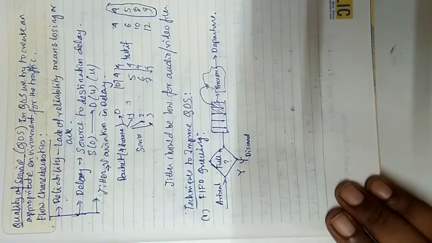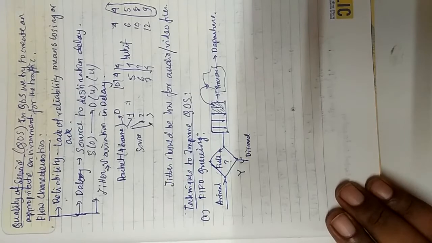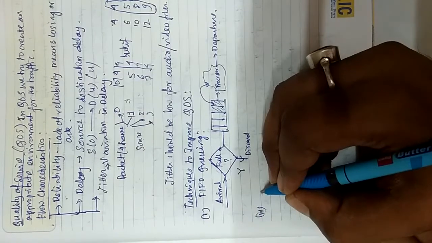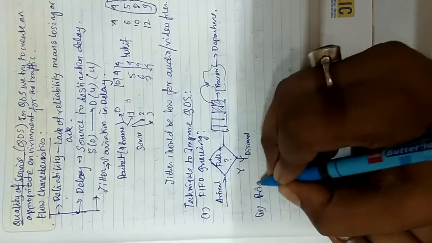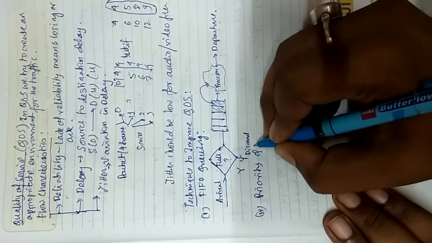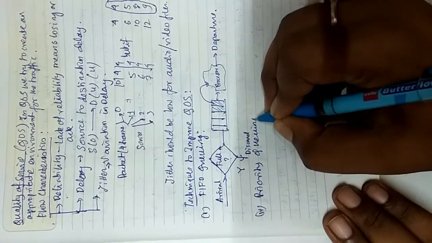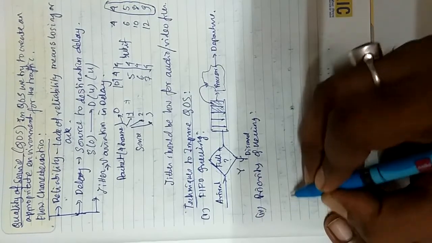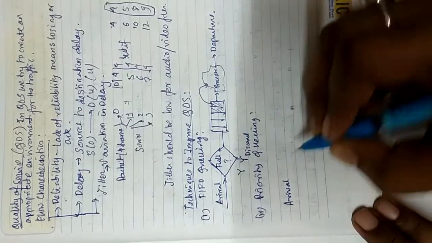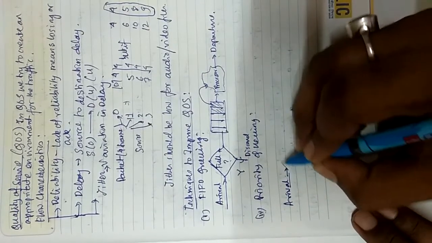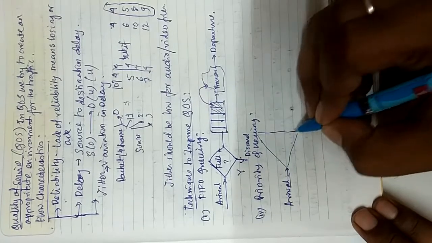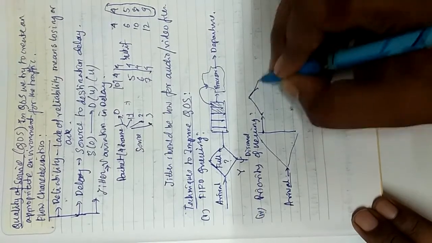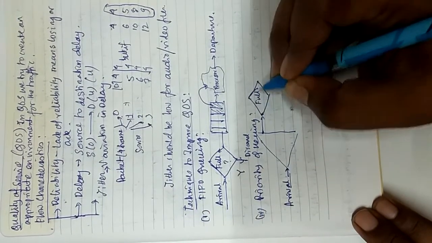But besides FIFO queuing, we also use another type of queuing, that is called priority queuing. So let us see what we mean by priority queuing. That is, we will set the priority. The arrival will be the same. It comes over here, and it will check whether the queue is full or not.